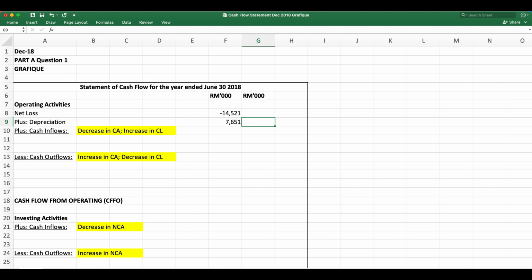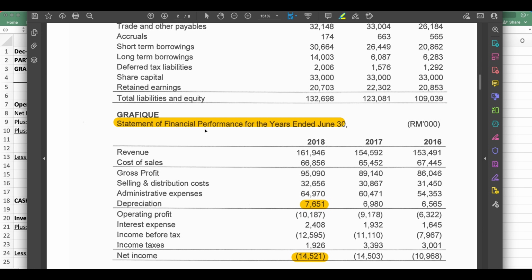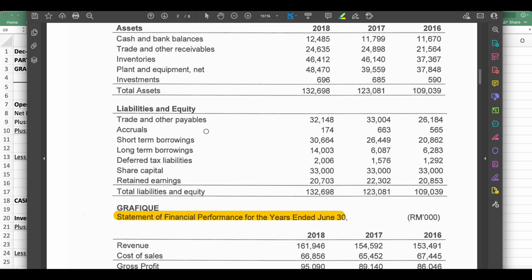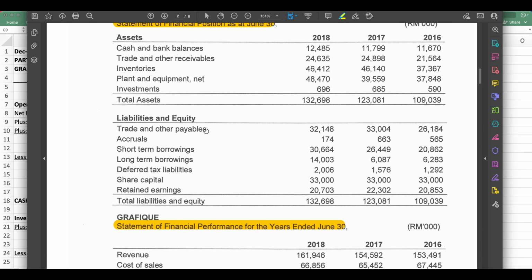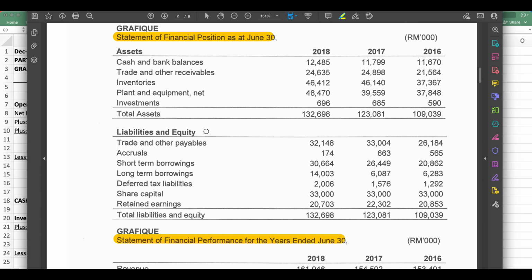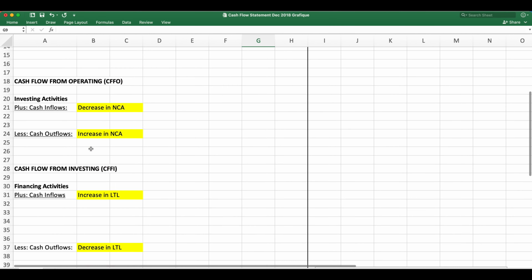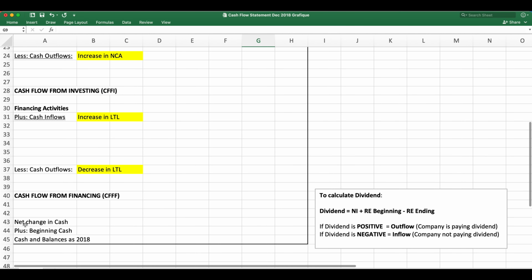So we go back to the question and check the balance sheet because we are going to check the current assets and current liabilities. The cash and bank balances are excluded. We are not going to record it under operations because we are going to record it at the bottom part of the statement of cash flow.